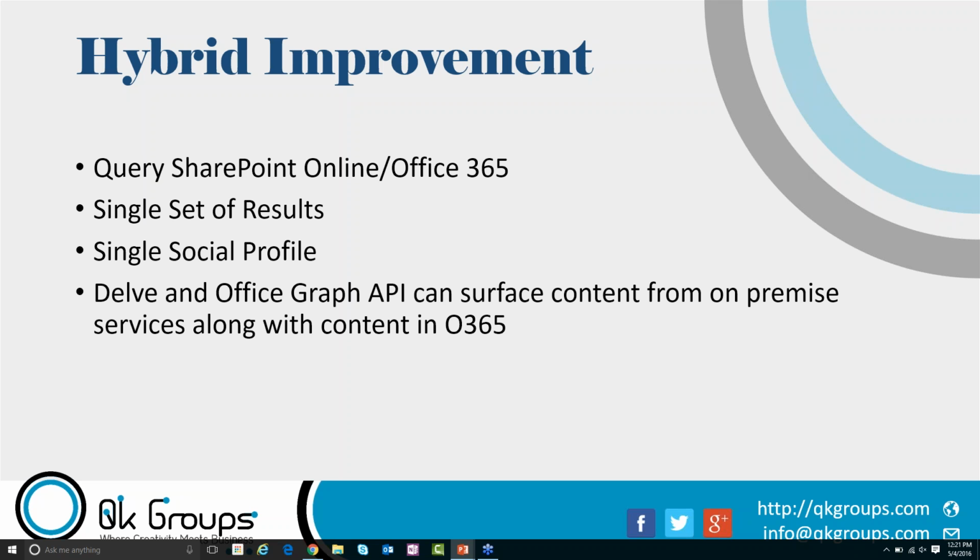Delve and the Office 365 Graph API can surface content from on-premise along with content in Office 365 or on the cloud. So companies have a lot of data that does not contain sensitive information. You can use a hybrid approach to crawl large amounts of data and leverage hybrid search for great performance.